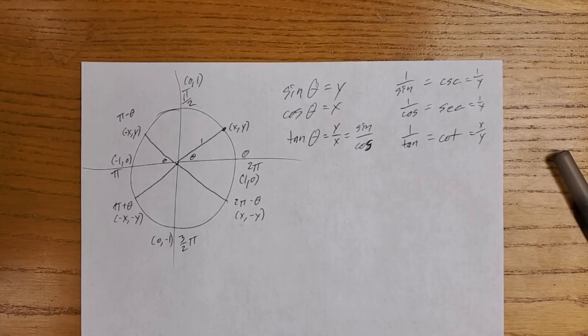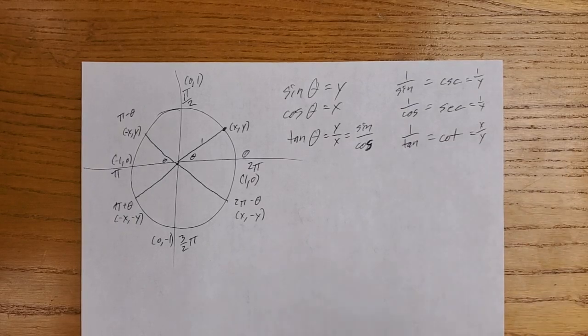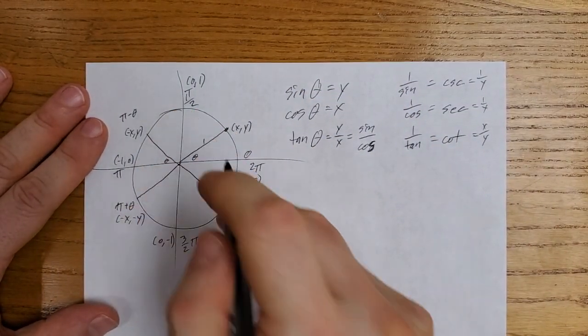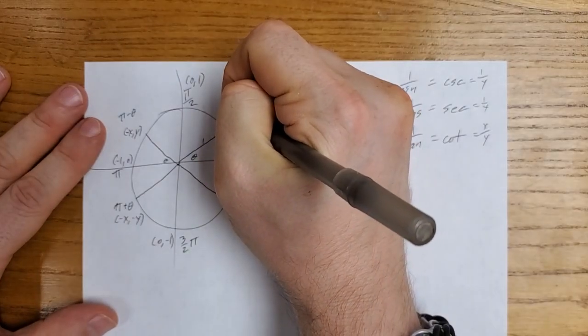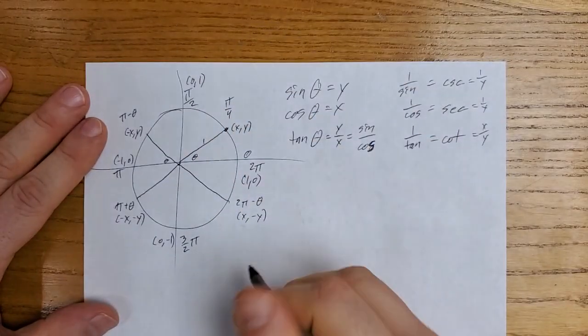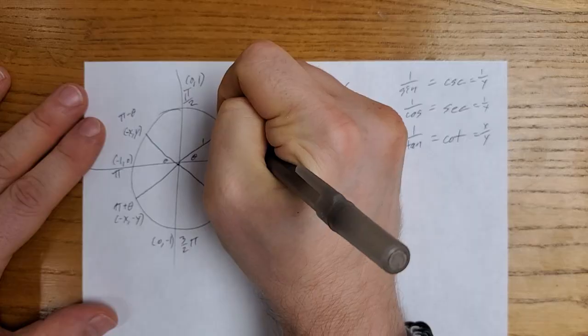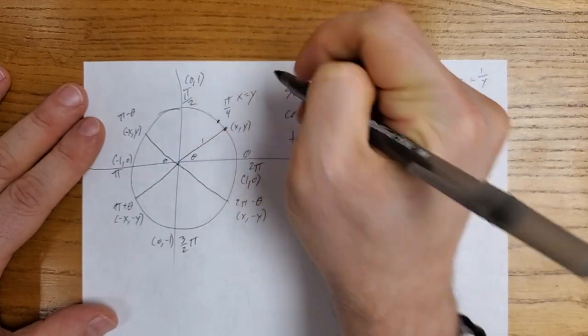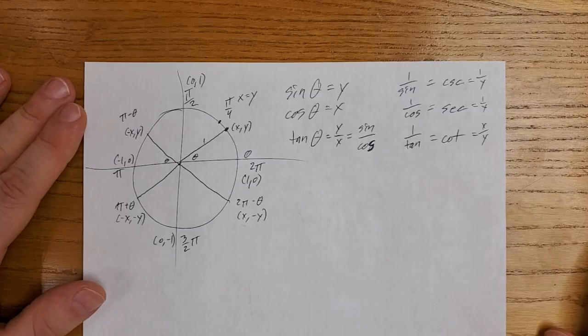And then the only other thing I think that really came up is halfway between 0 and 1/2 pi, you have 1/4 pi, and at that angle, x and y are equal to each other.